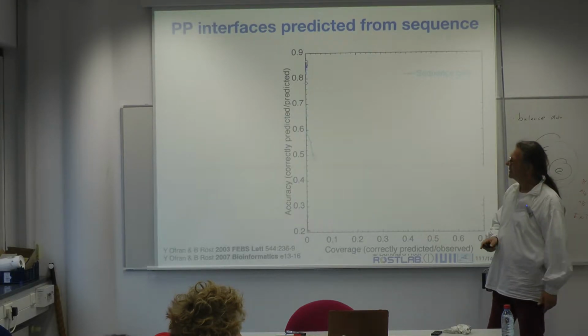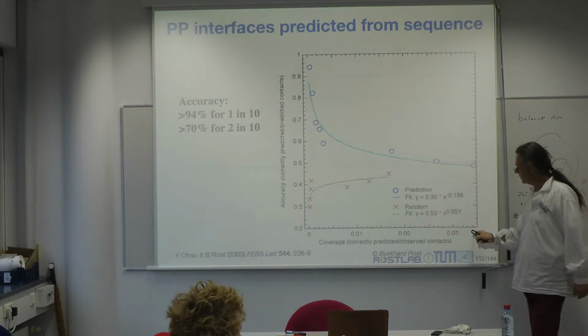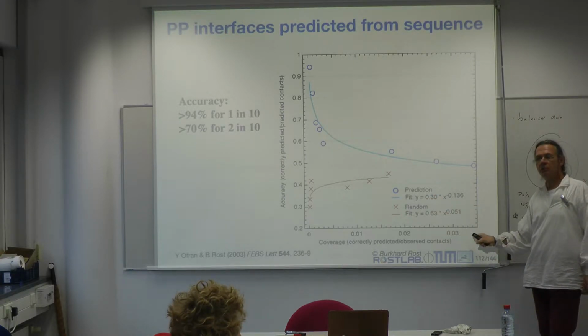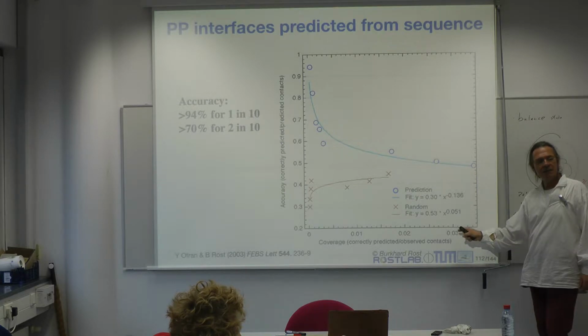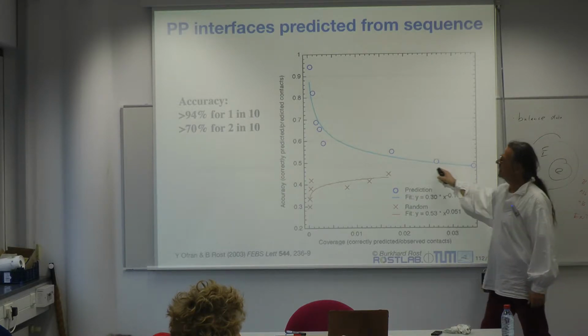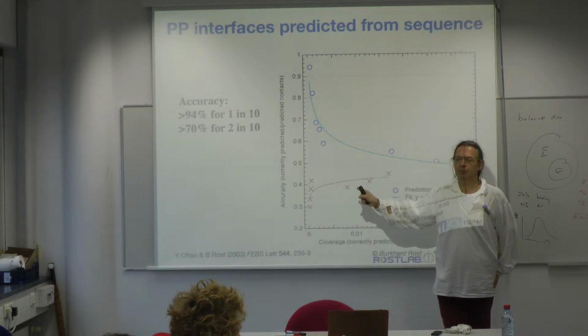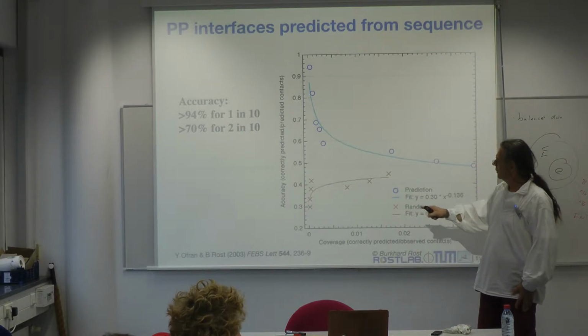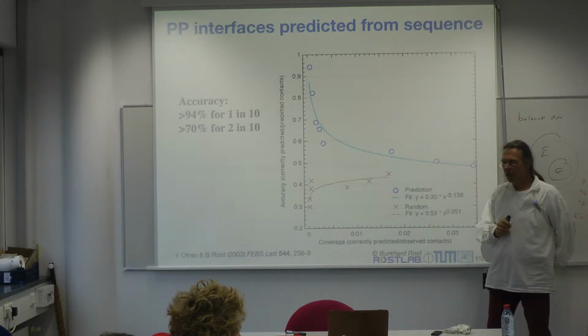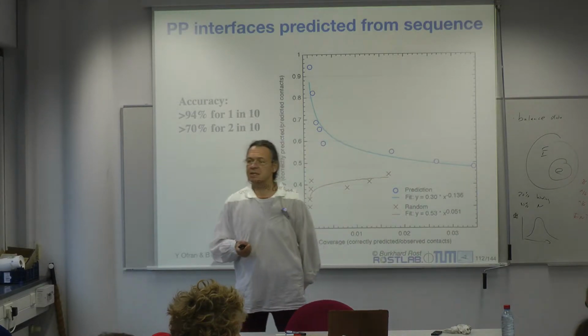On the next slide is the same curve, it's just stretched. So the axis now, as you observe here, is 0.03%. So I get a tiny fraction of the data, and that is the level of accuracy I get for the tiny fraction of the data. And that is sequence alone. The background here is some random model where I simply take the predictions I have and randomize the labels.